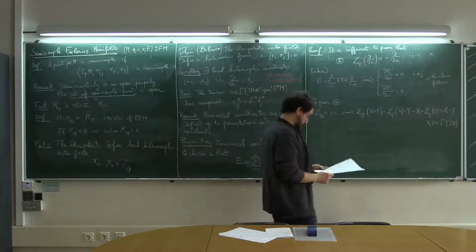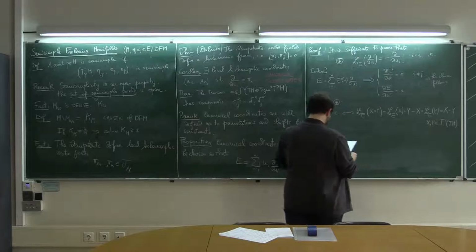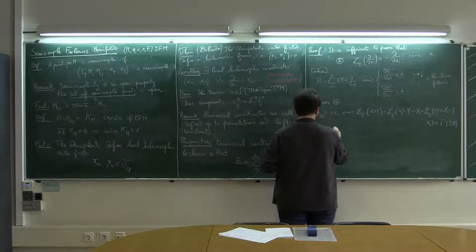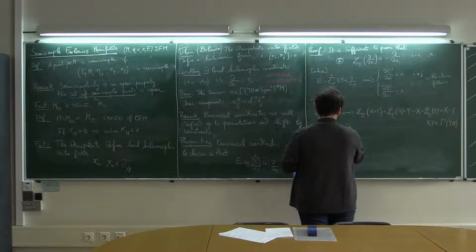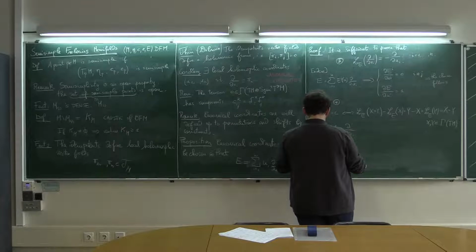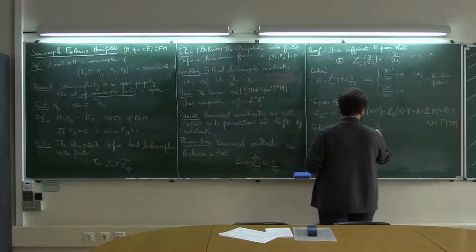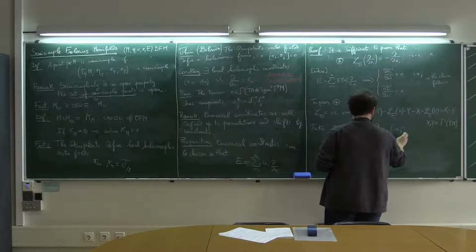Then I can specialize this formula by taking capital X equal to ∂/∂ui and capital Y equal to ∂/∂uj, with i different from j.